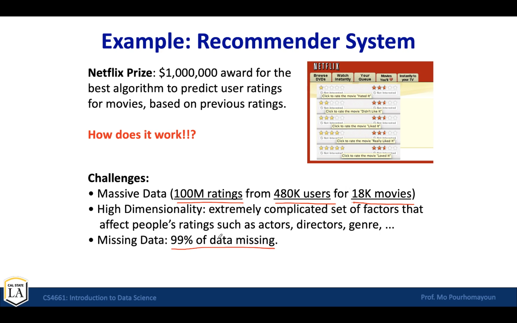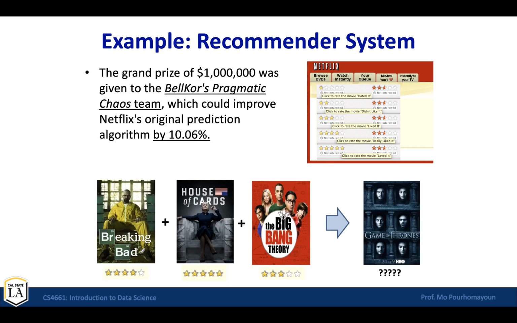Only maybe 1% of movies were watched by these users. So almost 99% of the table of ratings was just blank. The grand prize of 1 million was given to the BellKor's Pragmatic Chaos team.